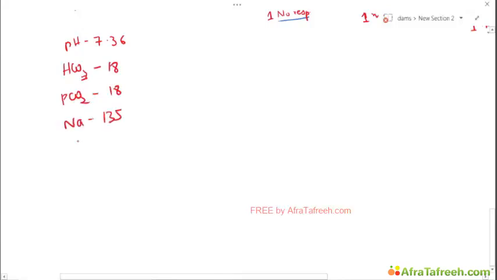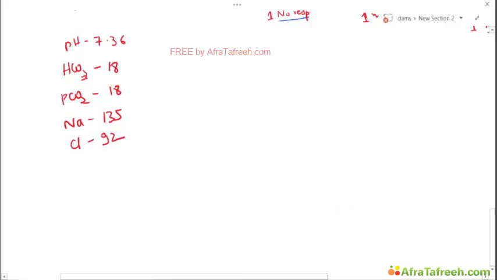So our patient has a pH of 7.36, a bicarbonate of 18, a PCO2 of 18, sodium of 135, chloride of 92.